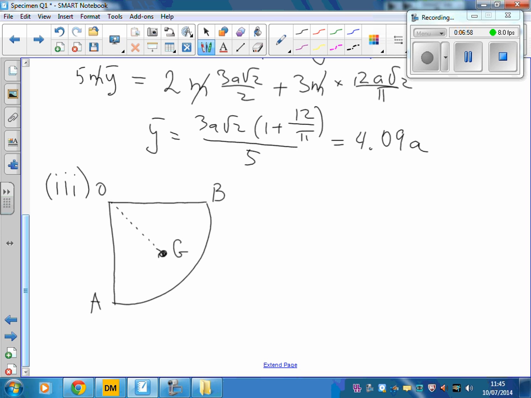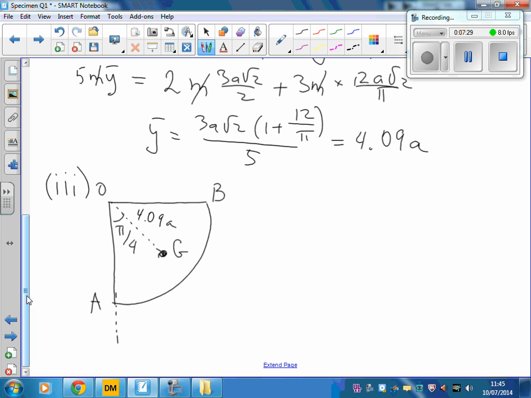We know that it is distance 4.09a from O, and if OB is horizontal, the angle between OG and OA is pi over 4. And that's the angle between OG and the vertical line down.